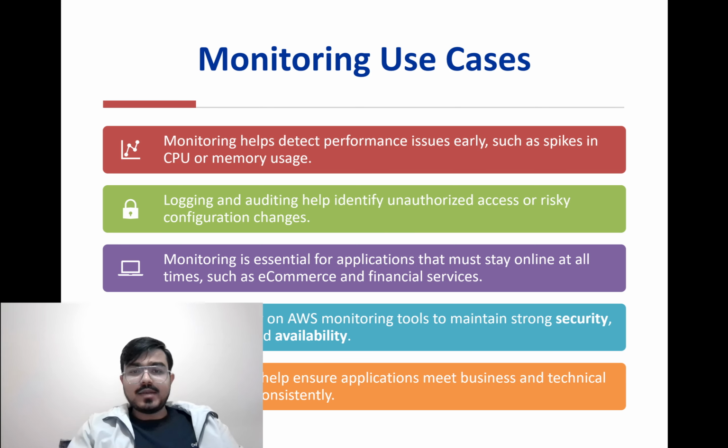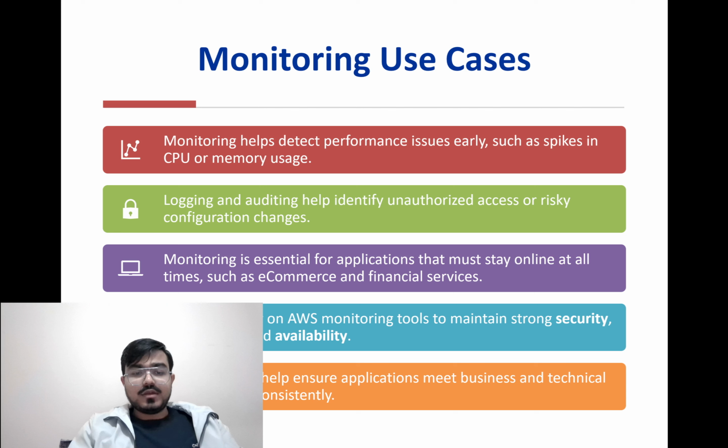Logging and auditing help identify unauthorized access or risky configuration changes. If someone changes a security group accidentally, CloudTrail tells you exactly who made the change. Monitoring is essential for applications that must stay online at all times, such as e-commerce and financial services.